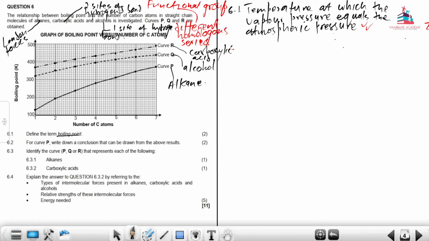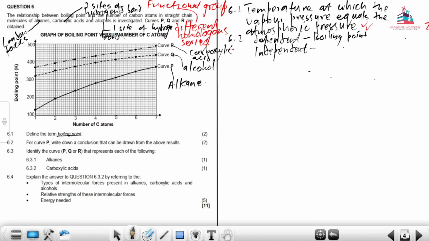Q or P, sorry, write down the conclusion that can be drawn from the above results. So in our conclusion, remember, we need to have 2 things that are important. You need to have dependent and independent variable. Dependent and independent variable. So dependent variable in this case is our boiling point.